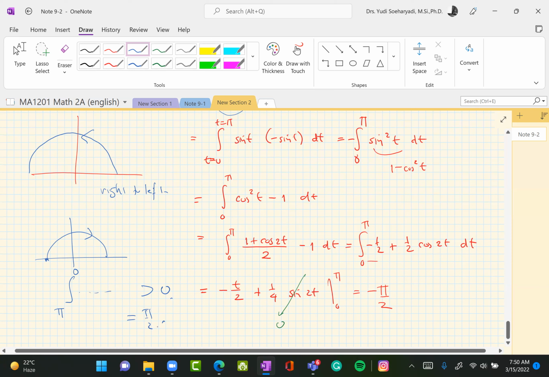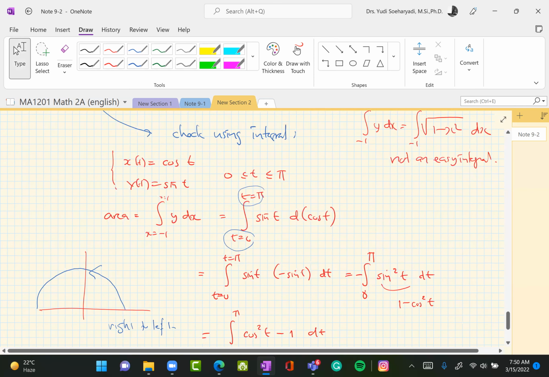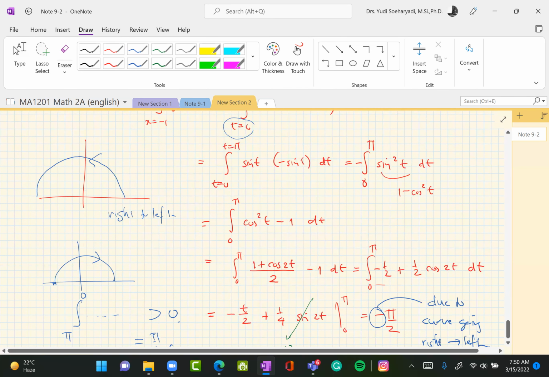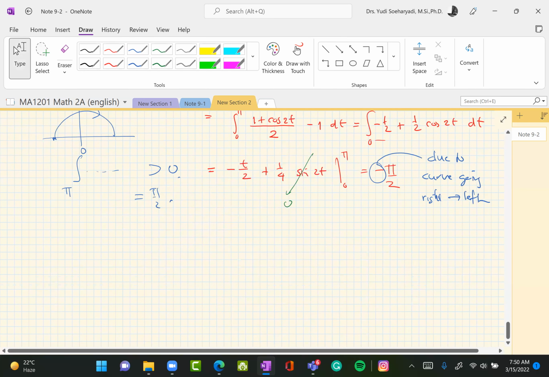Okay, so this negative is because we are going from here, going from right to left. But anyway, we somehow get this pi over 2 from this integral. Okay, questions?